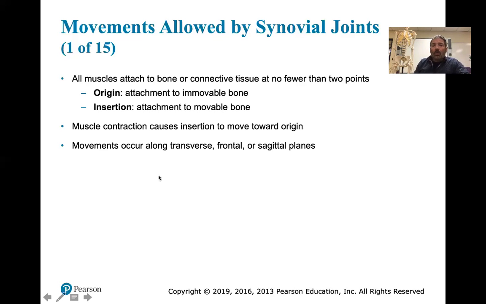Anyway. So movements occur along transverse, frontal, and sagittal planes. So remember, sagittal, frontal, transverse, so any kind of motion is always going to be X, Y, and Z, those planes. It has to. And then sometimes you have something that's oblique, or it's not exactly in that 90 degree plane.